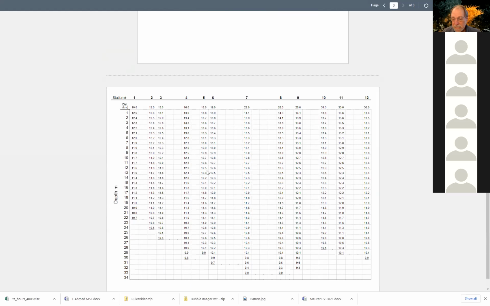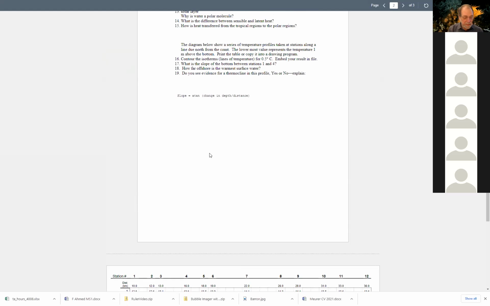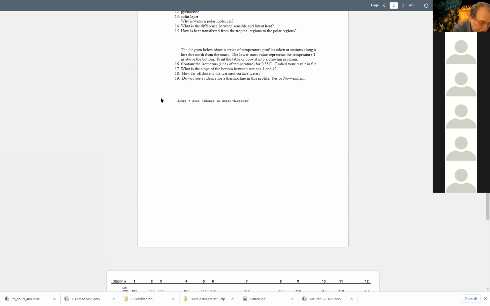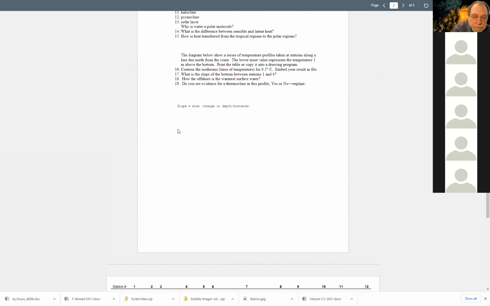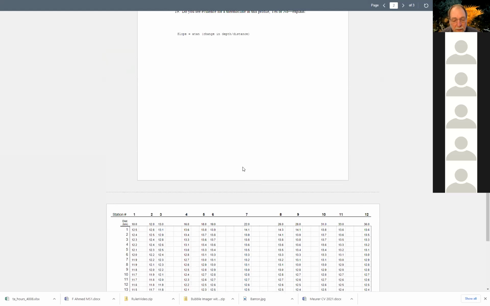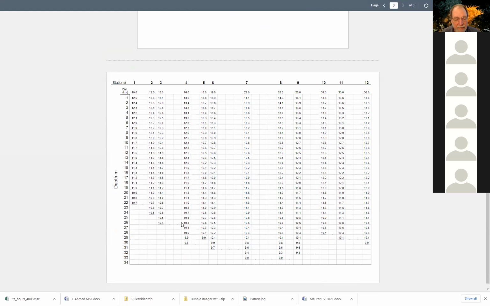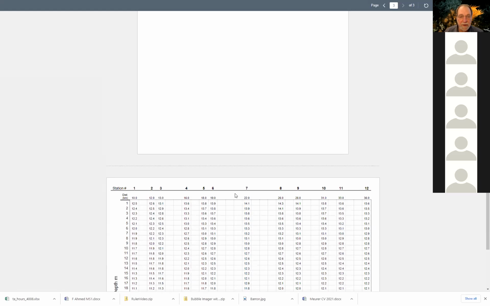So the change is, in this case, You were looking at the temperatures, not the depth. Was I looking at temperature? Yeah, it's about an 8-meter depth difference. Oh, 8-meter depth. I'm sorry. Yes, thank you, Carrie.